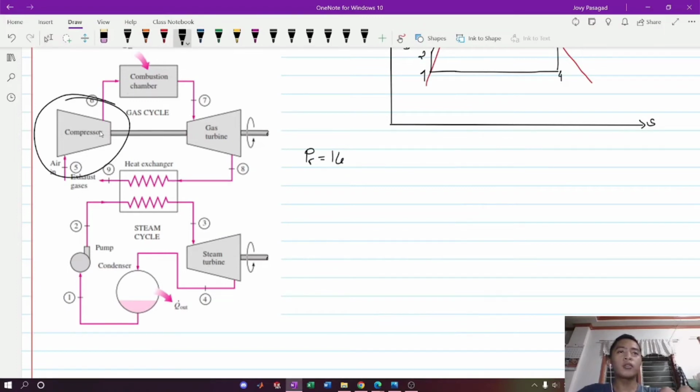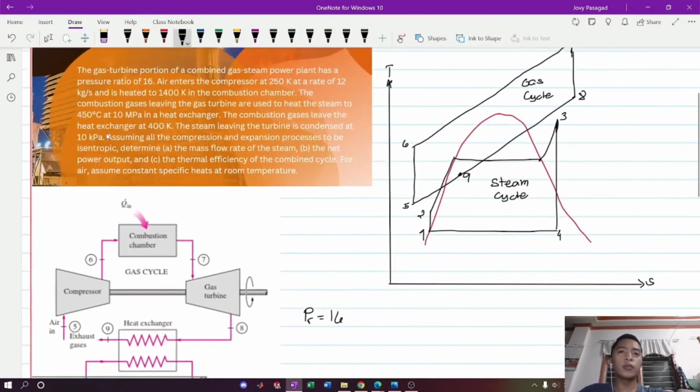So the air enters the compressor at 250 Kelvin, and that will be our T5. By the way, the temperature is in Kelvin, so we have 250, at a rate, the mass flow rate, of 12 kilograms per second. And it is heated to 1400 Kelvin in the combustion chamber.